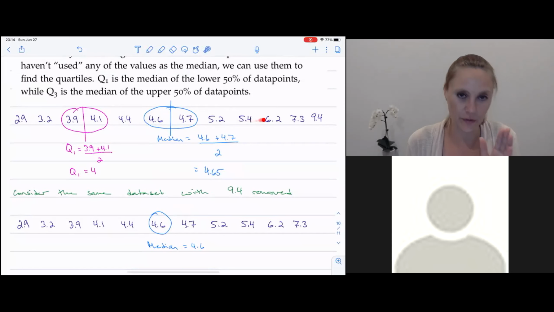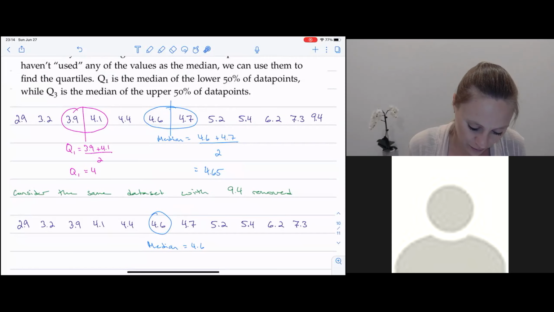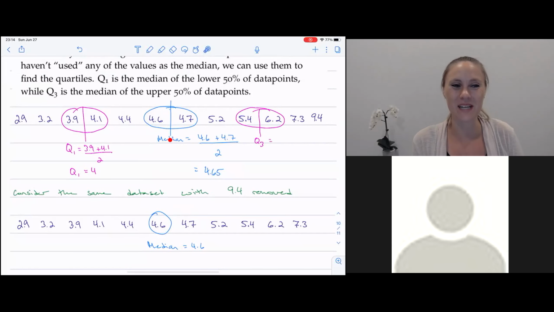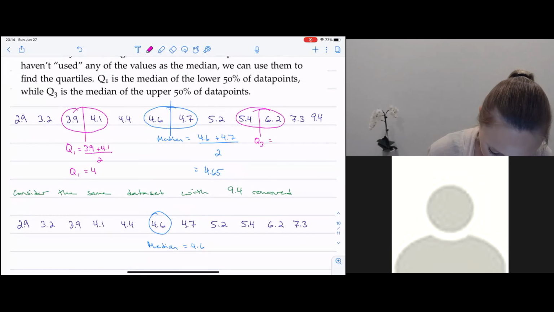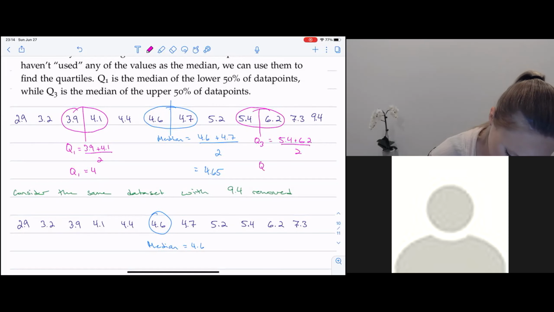Doing the same thing for the third quartile, which is on the upper end here, starting at 4.7 and 9.4, I can boop my way in, and again, Q3, remember Q2 is the median, is going to be 5.4 plus 6.2 divided by 2, which is 5.8. Q3 is 5.8.